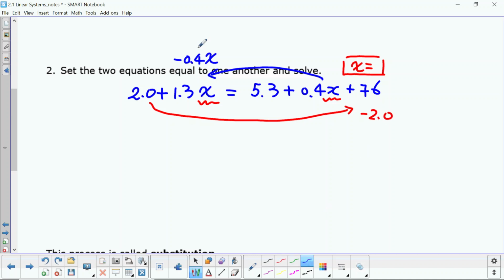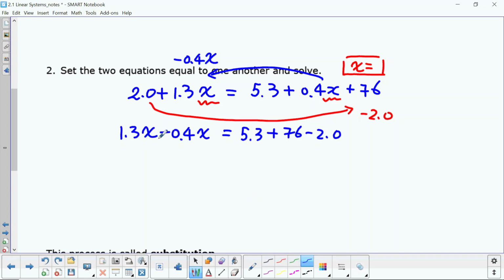Then we are going to see the left side will be 1.3x minus 0.4x. Then we are going to copy this number here, 5.3 plus 76 minus 2.0. Then you are going to use your calculator to collect the like terms.